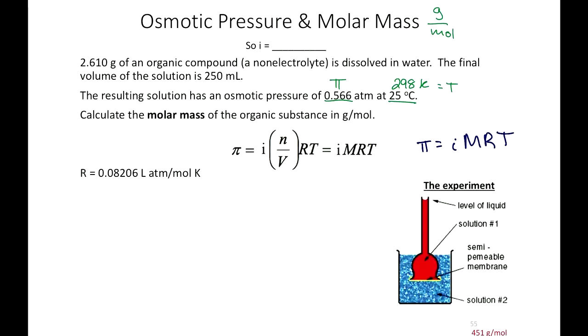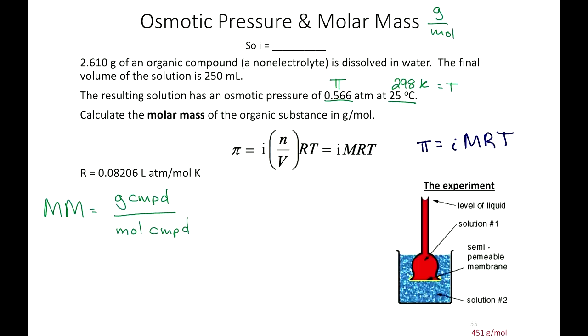Calculate the molar mass. So again, let the units guide you. If we want the molar mass of this compound, I need the gram amount of the compound present, and I need the mole amount of this compound present. And as long as I get those two things, I can calculate molar mass.